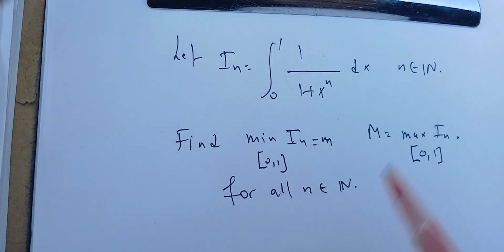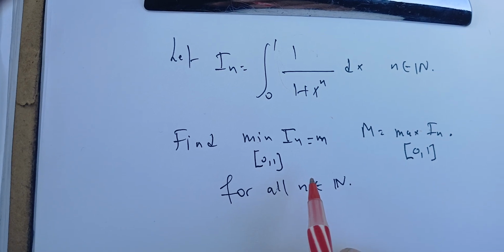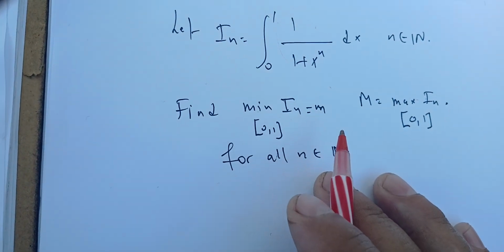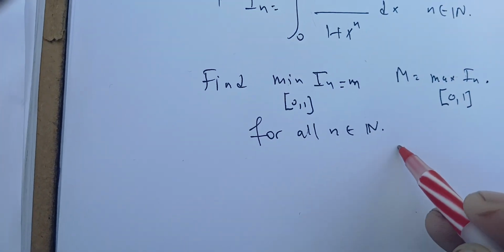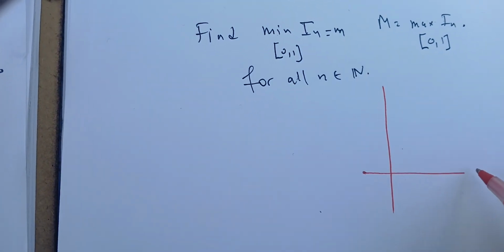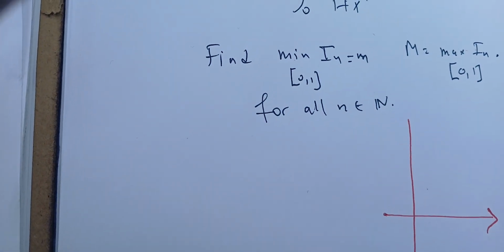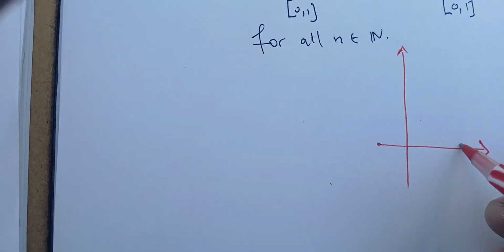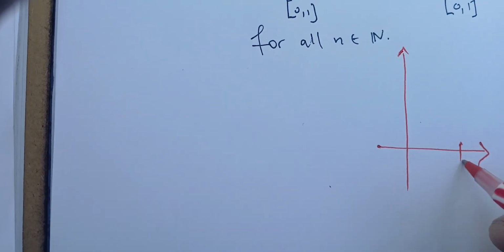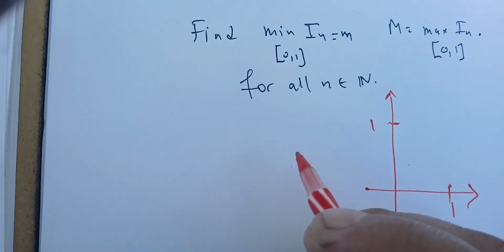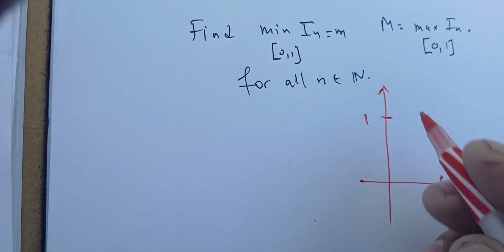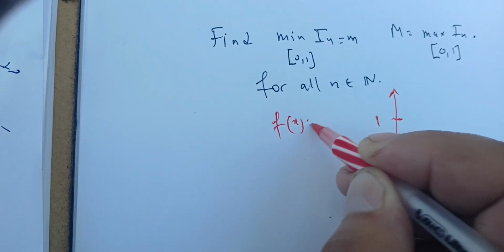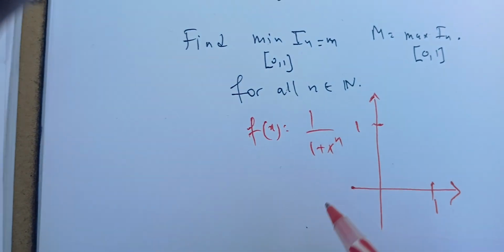We can get a feeling of what to expect by just drawing some functions. This is a good idea to do. So we have this interval. Let's make this one 1 and this one 1. Consider our function f of x as 1 over 1 plus x to the power n.